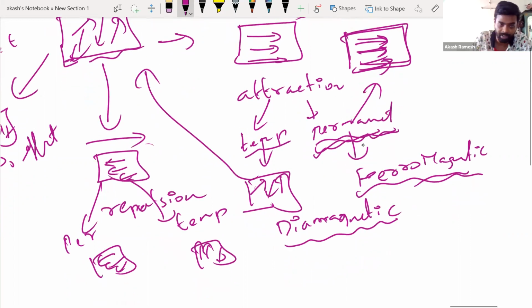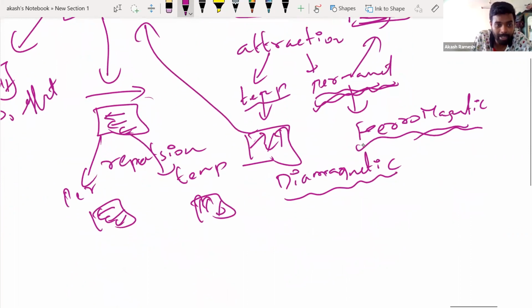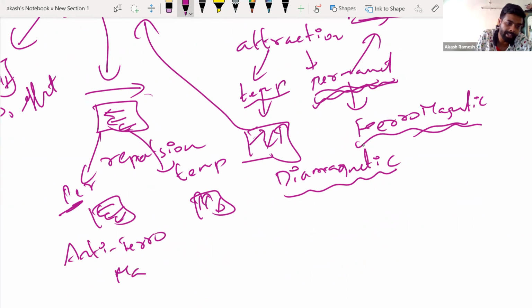Same way, when they get repelled permanently, these are called anti-ferromagnetic substances. When I have a temporary effect of this, these are called paramagnetic substances.